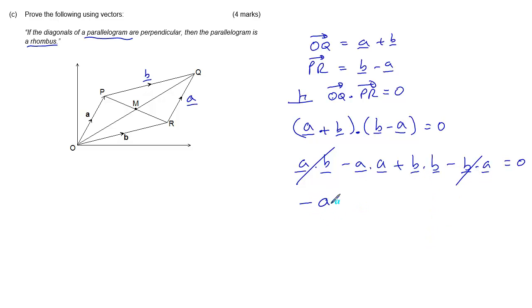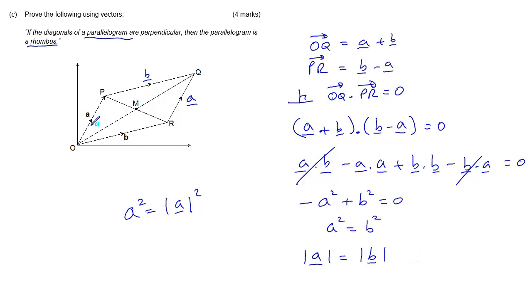A dot A is just A squared, B dot B is B squared, and that gives us A squared equals B squared. And remember that A squared means the modulus of A squared. So what that's saying is that the modulus of A is equal to the modulus of B. And the modulus of A is this length, the modulus of B is this length, and therefore we're done.